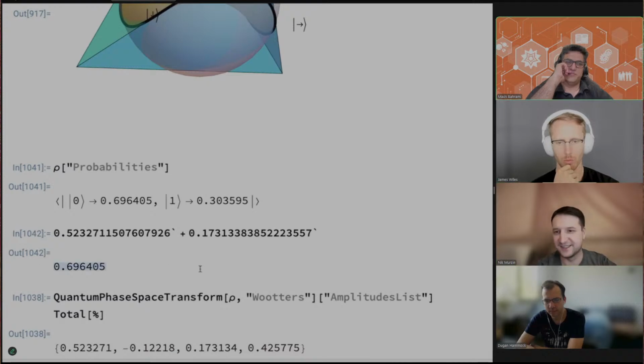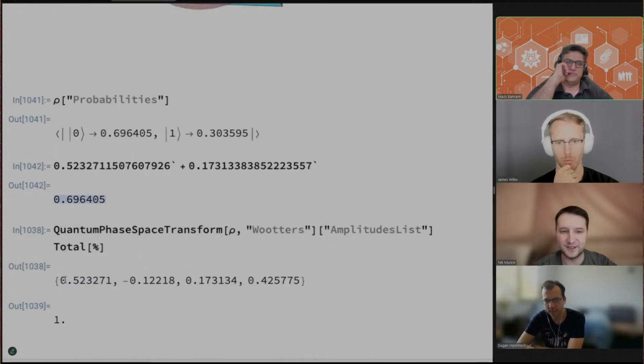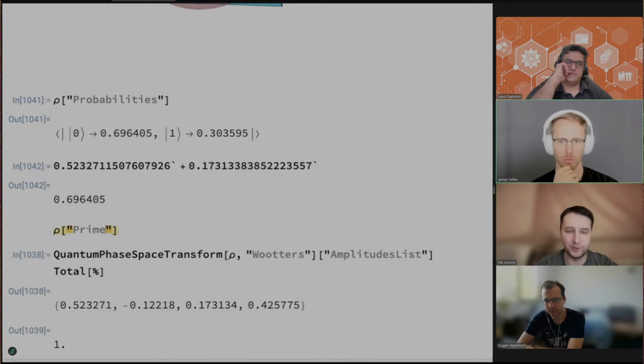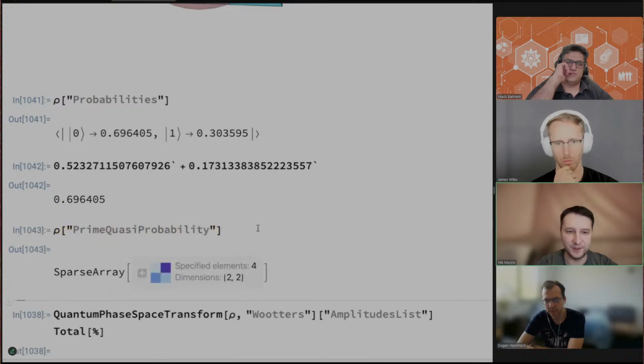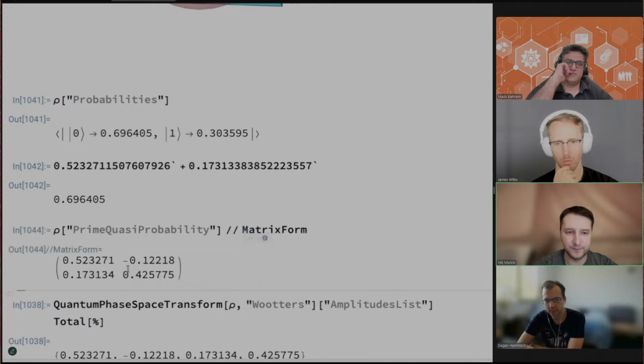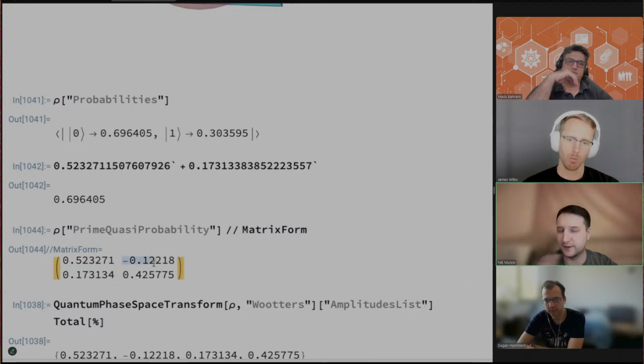Okay. Yep. So this is the table that you can get. We call it the quasi-probability. This is now a quasi-joint probability distribution. By itself it has some negative probabilities, but when you sum them over, you always get positive results.